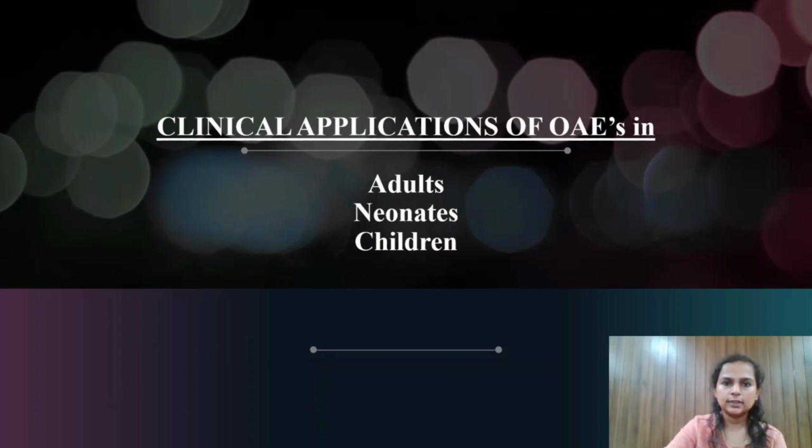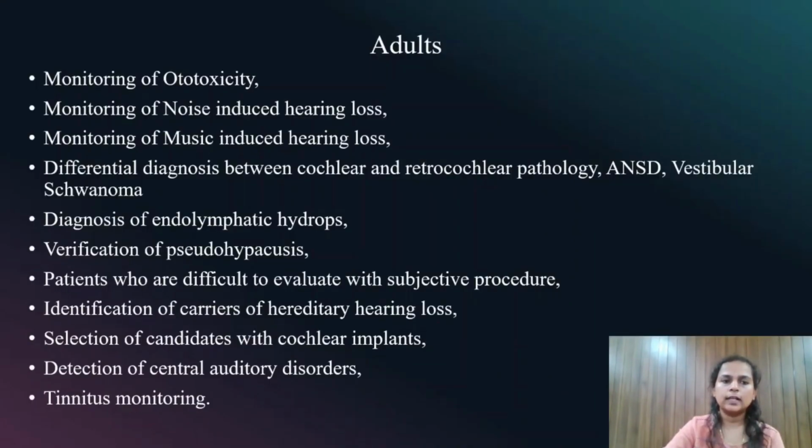Clinical applications of OAEs in adults, neonates and children. In adults, OAEs are used to monitor ototoxicity, noise-induced hearing loss, music-induced hearing loss, and to differentiate diagnosis between cochlear pathology and retrocochlear pathology, ANSD, and vestibular schwannoma.